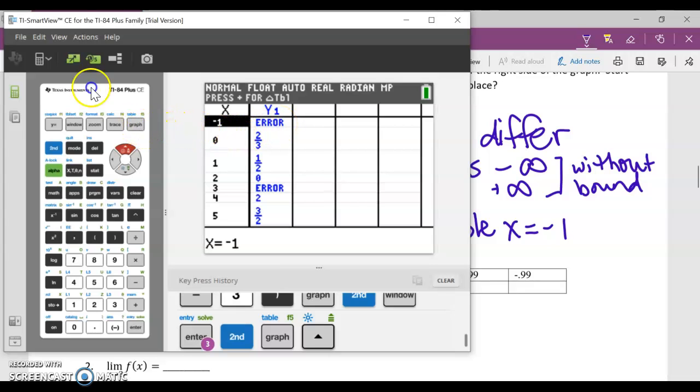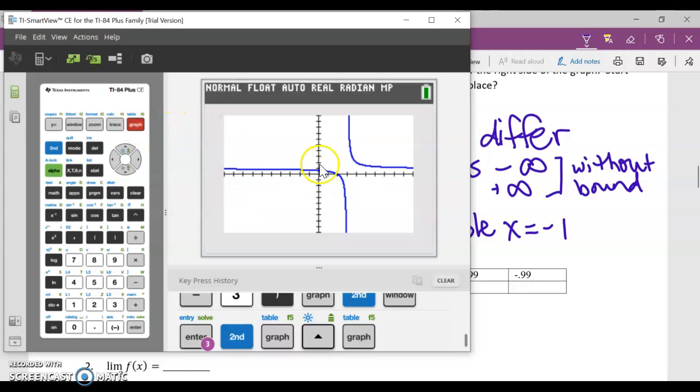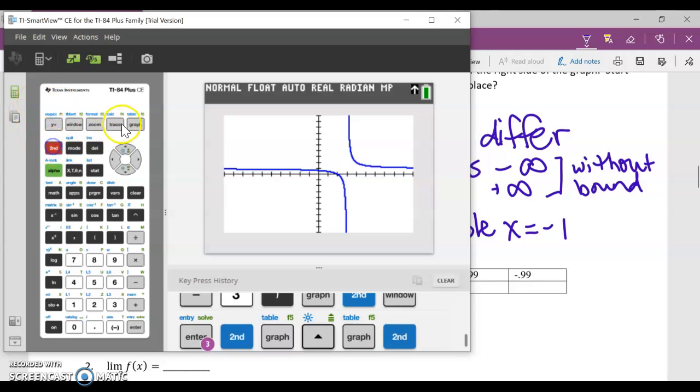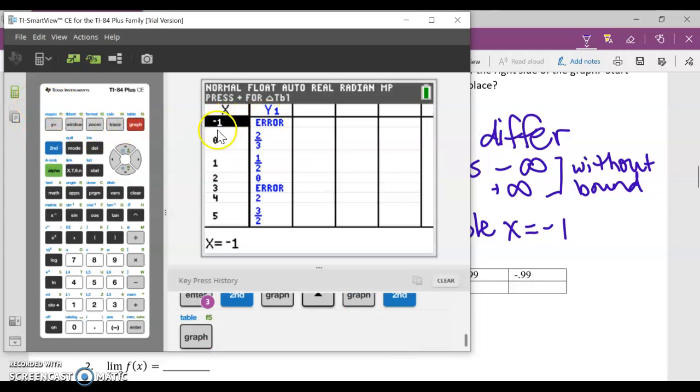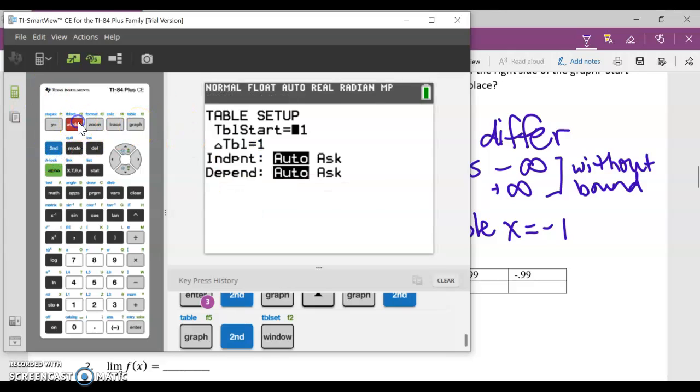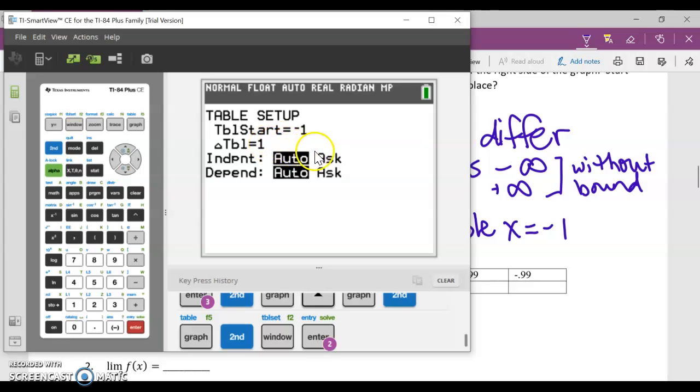So even though we can't tell in the graph that there's a hole, I can see in the table that things are problematic at -1 and problematic at 3. 3 is obviously the asymptote, so that's maybe a little easier. But we want to find the limit. Since we know there's a hole, we're now going to find the limit. So we're going to go to this ask feature so that we can put in the table values that we would like.